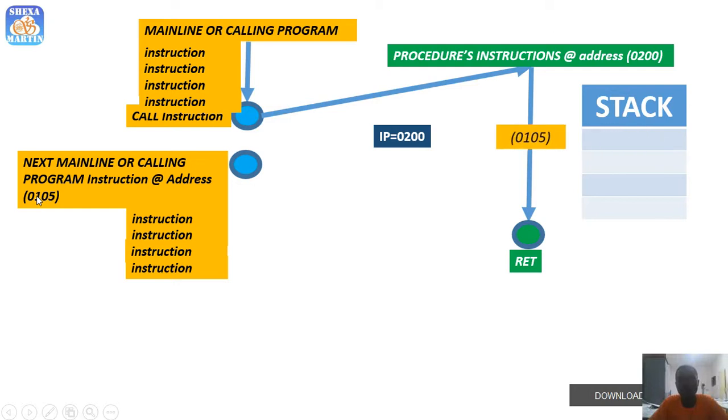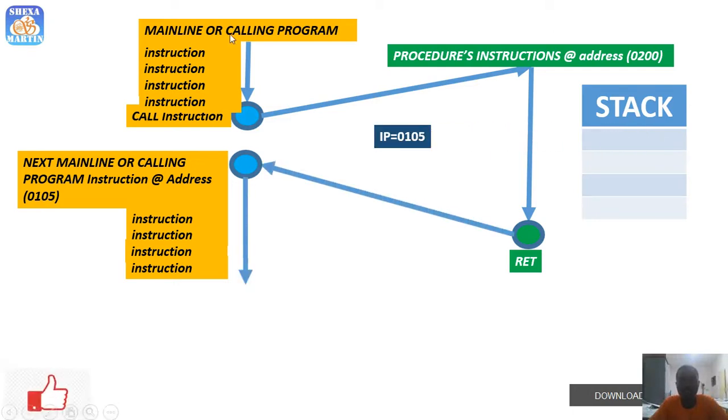So you can see it going back to IP. IP now has that as the next instruction to be executed, and then it executes this and the other instructions following it.